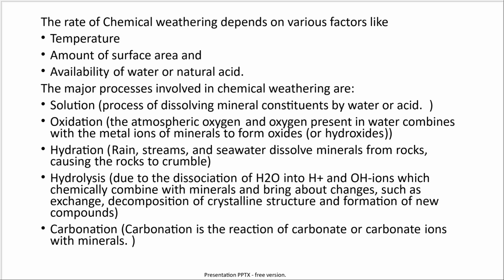Now, the major processes involved in the chemical weathering are solution, oxidation, hydration, hydrolysis, and carbonation. So, solution, as we know, is the process of dissolving mineral constituents by water or acid. So, here the minerals in the solid form get dissolved in water or in any natural acid.